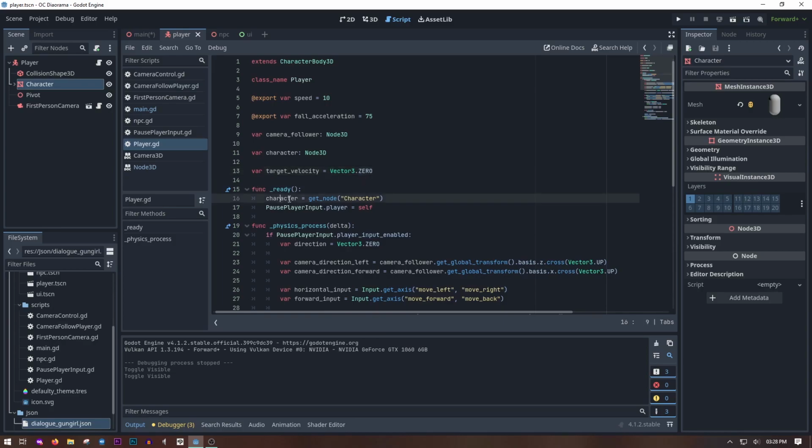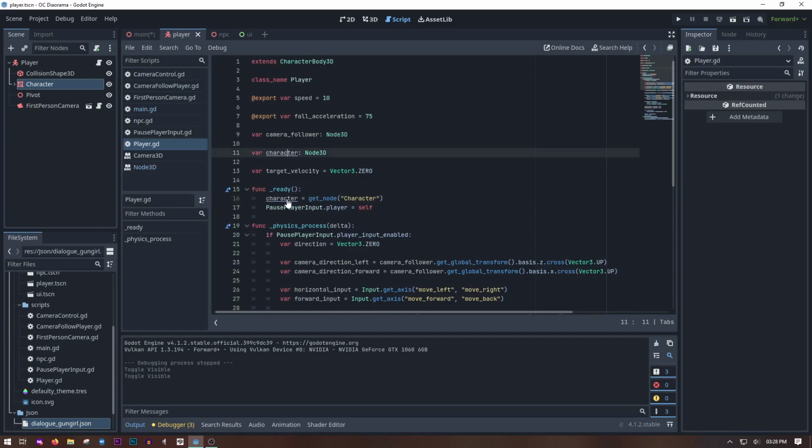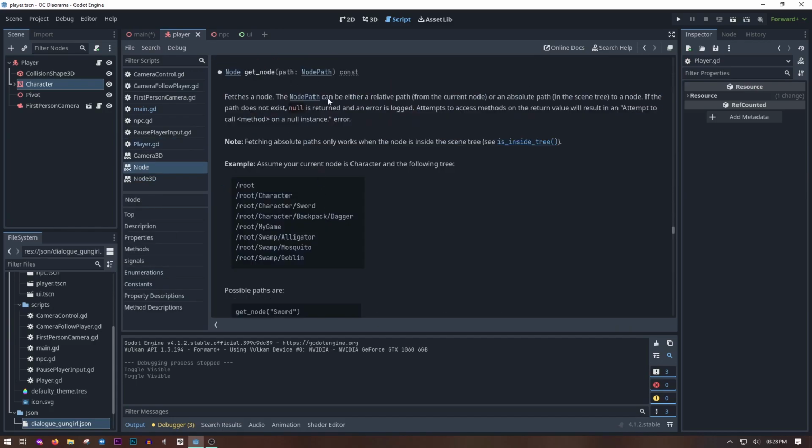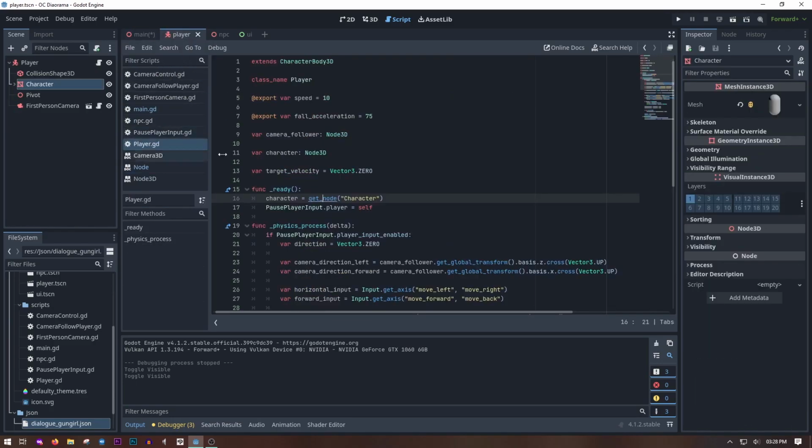So on ready, the character, get node character. And that's this, I think. Yeah, so this variable character is getting node, fetches the node, character, and the character is this because that's what I set it as, and the mesh instance is the mesh.